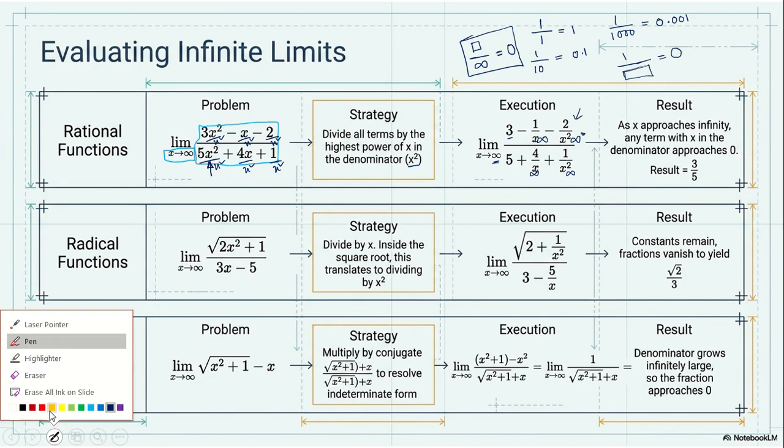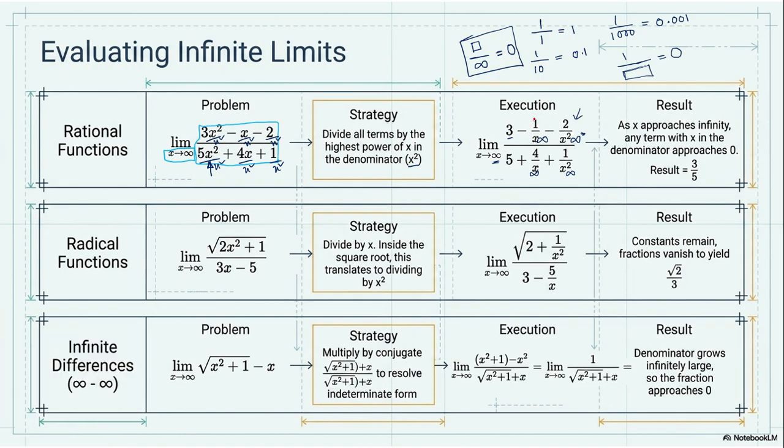So this term becomes zero. This one also becomes zero, this one also, this one also. So what remains here? 3 and 5. So the limiting value is 3 by 5.